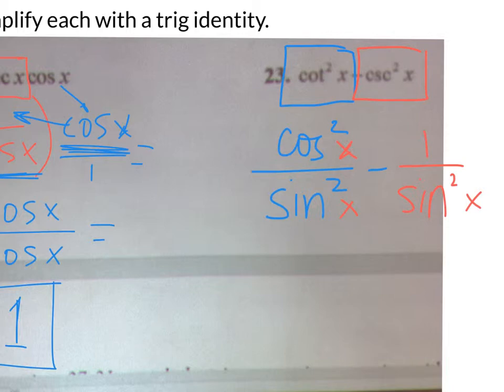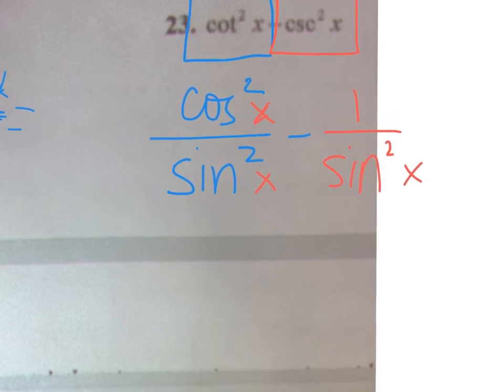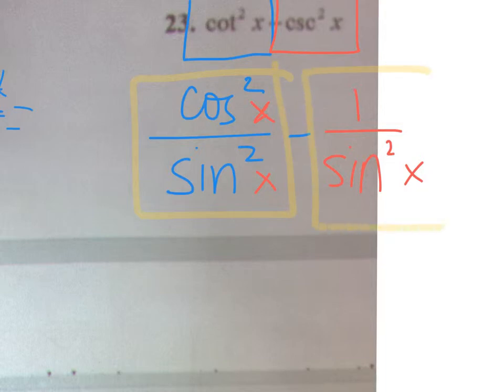Okay, so the number one strategy in doing trig identities is write everything with sine and cosine. If that doesn't work, then there are other strategies, but that's the first one to try. So at its basic level right now, I have a fraction minus another fraction. And if I were to do this difference of two fractions, I need to have the same denominators.